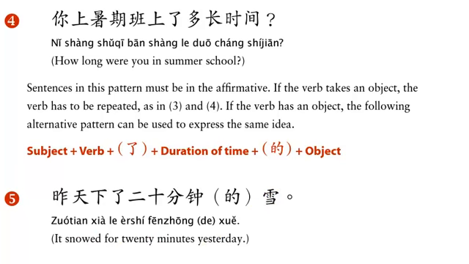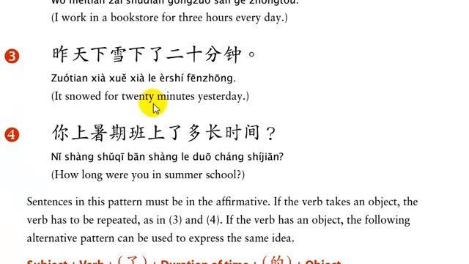So we had a similar sentence up here. It snowed for 20 minutes yesterday, but we did it by repeating the verb: 昨天下雪下了20分钟.